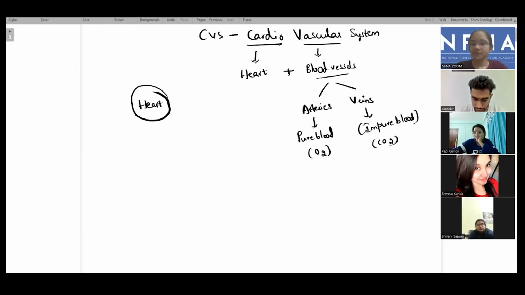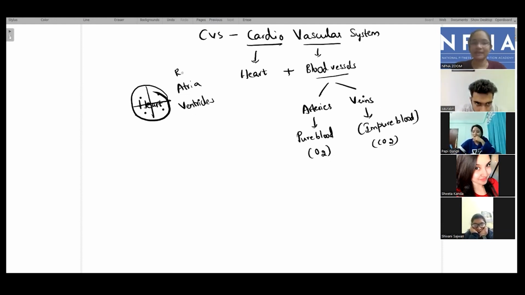They have more of carbon dioxide, which has to be eliminated. Eliminated means not blood is eliminated, the carbon dioxide has to be pushed out of the body during the respiration. Now in the heart again we have four chambers, atria and ventricles. The upper two chambers are called atria, the lower two chambers are called ventricles.